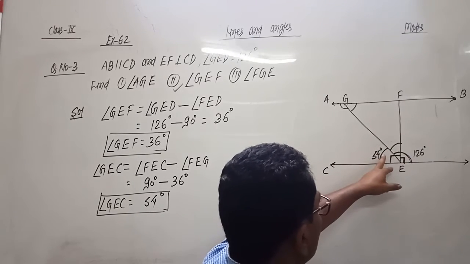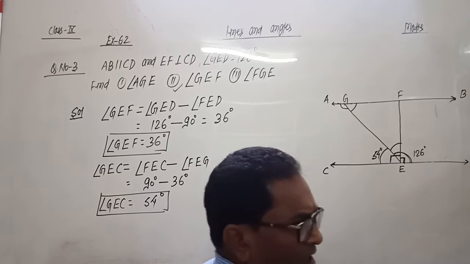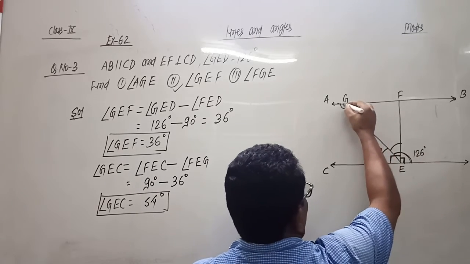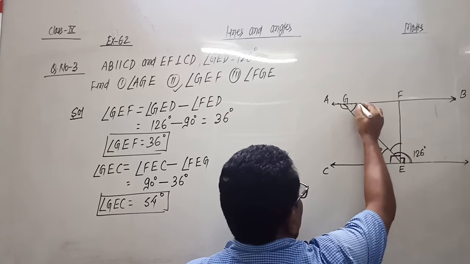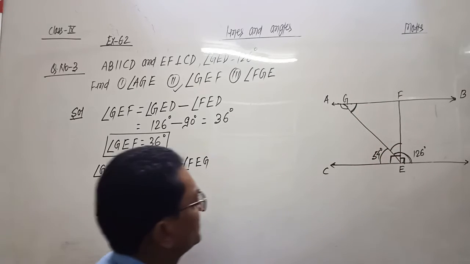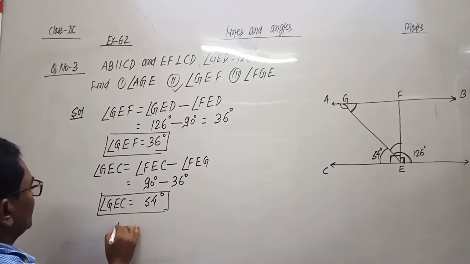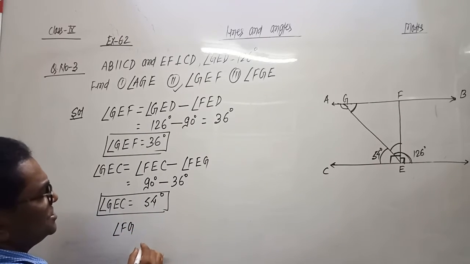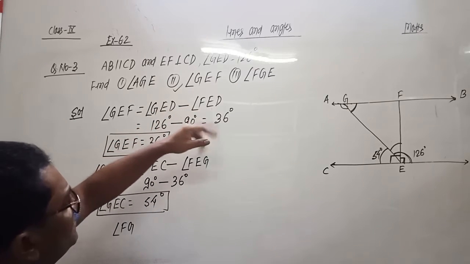If this angle is 54 degrees, then this angle will also be 54 degrees, because CD and AB are two parallel lines and GE is transversal, so alternate angles are equal. We have to calculate angle FGE.